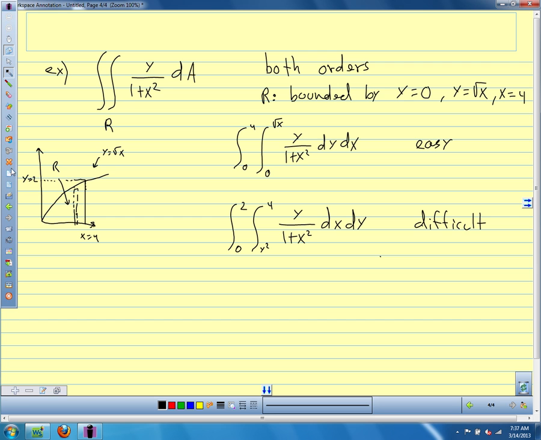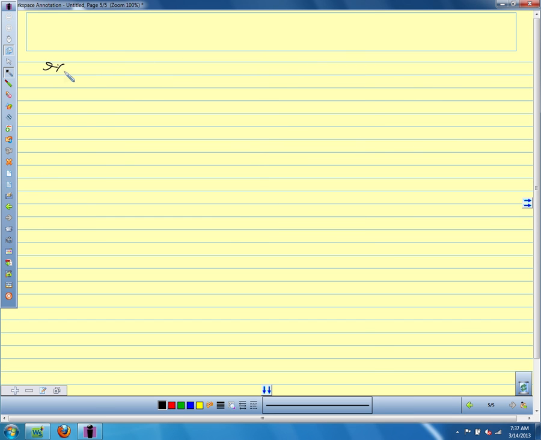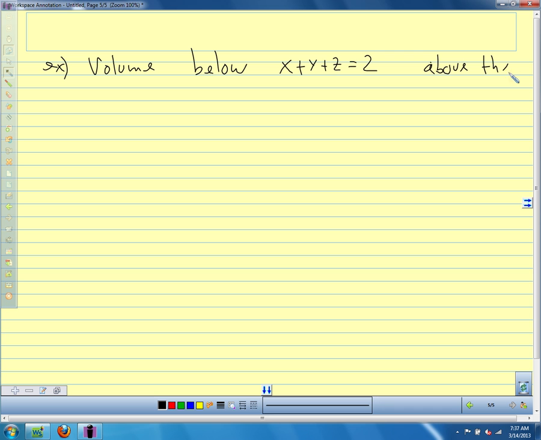Okay, let's do another example. We want to find the volume below x plus y plus z equals 2, above the first octant.